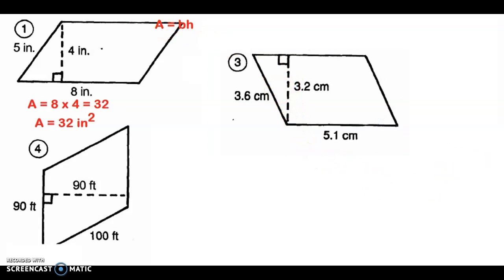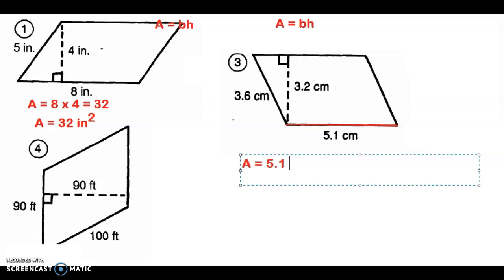Our area of a parallelogram is A equals BH, or base times height. So let's locate our base. Our base is our bottom or top. So our bottom or top number, I'm just going to put it in red here, is right here. It's 5.1. So now I know that A equals 5.1 times whatever my height is.